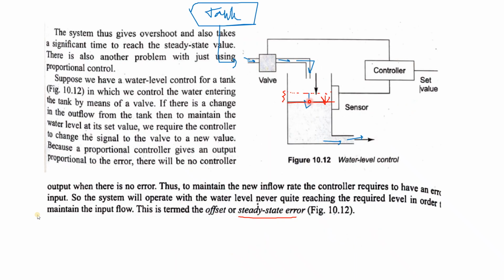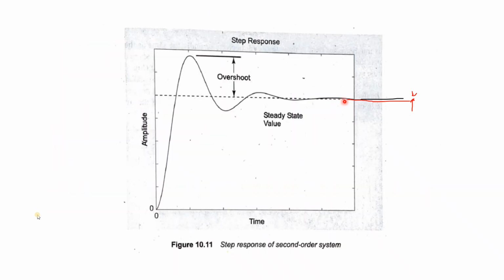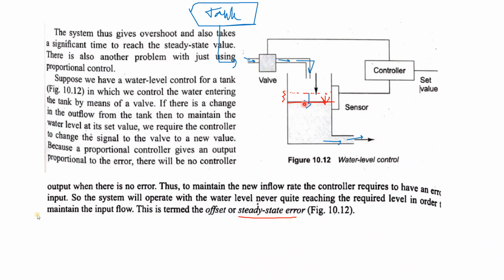That means we can represent it in this way, that there is an overshoot continuously. But if the level is maintained at a certain rate, then we can say that the overshoot is no more there, it is damped. But after damping also, there is some gap with respect to the desired input. So this is called the steady state error. Okay, this is called the error.